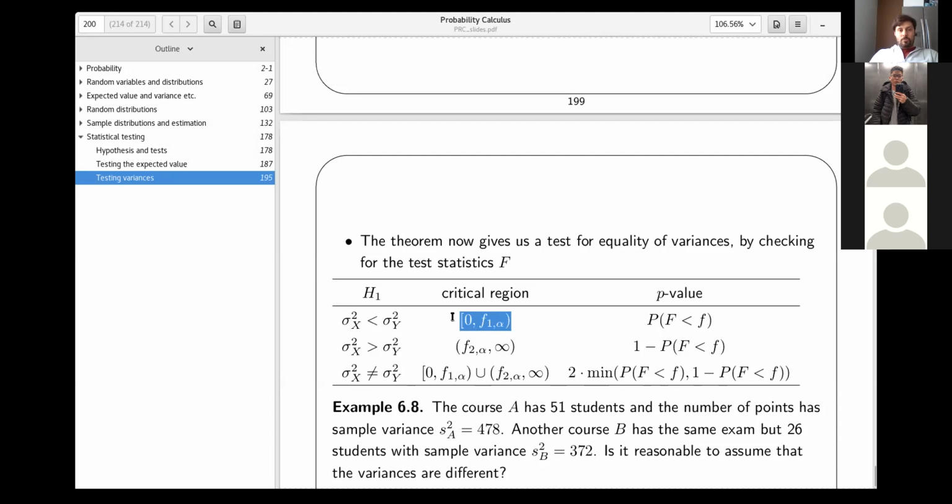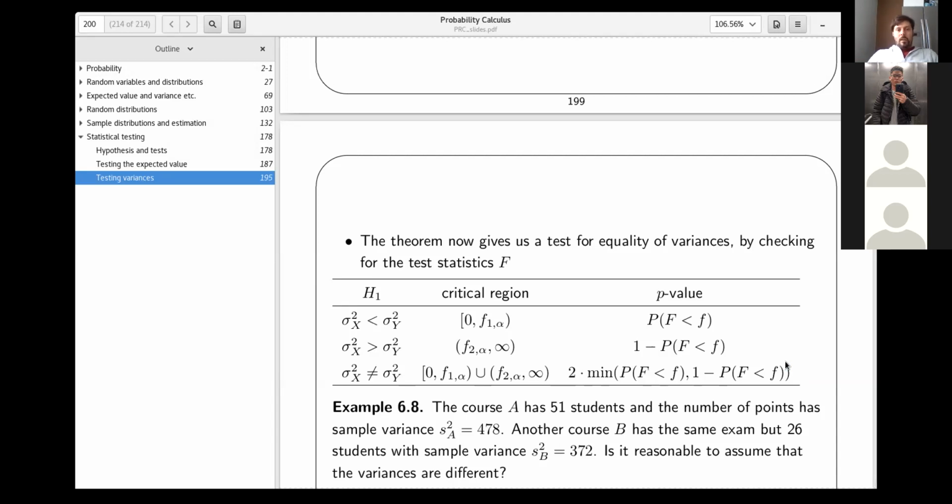For small values, X has a smaller variance. For large values, X has a larger variance. And if we just test whether they are different, we have the very small values and the very large values, and then we can determine this.